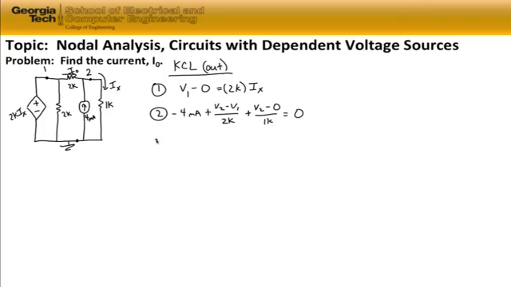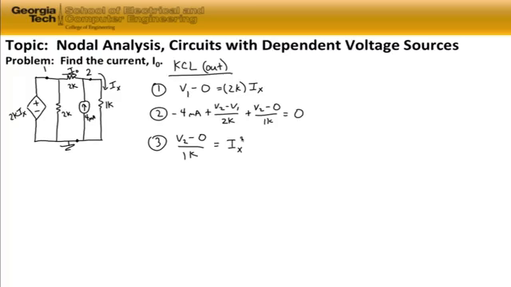And so we can write that third equation because we know that I sub x is the current flowing down through the 1 kilo ohm resistor on the right-hand side of the circuit. So V2 minus 0 for the ground node, divided by 1 kilo ohm gives us a current down through that 1 kilo ohm resistor, is equal to I sub x.